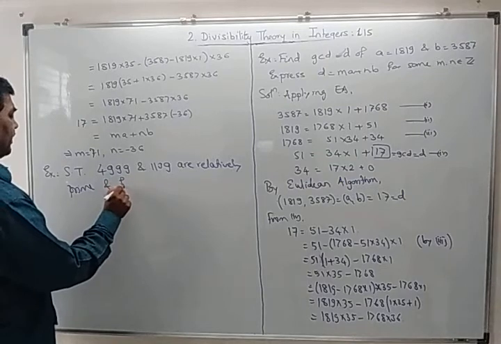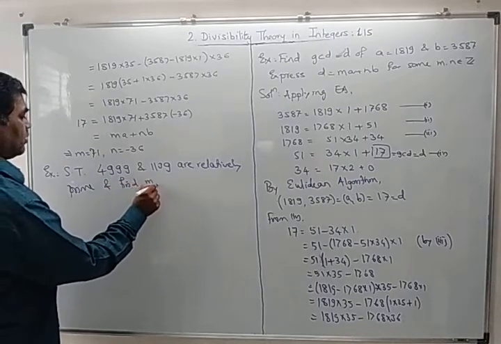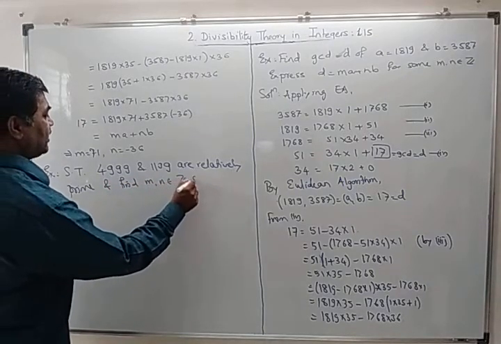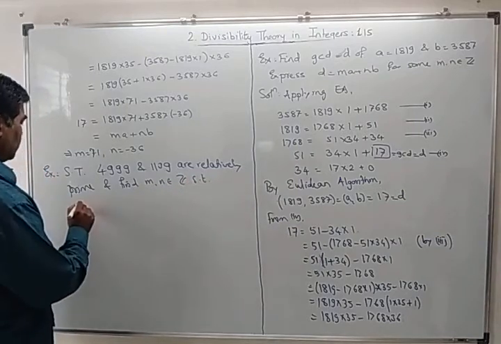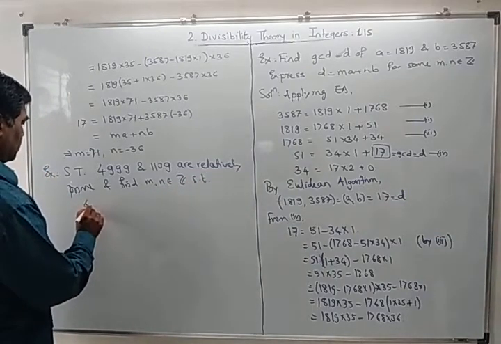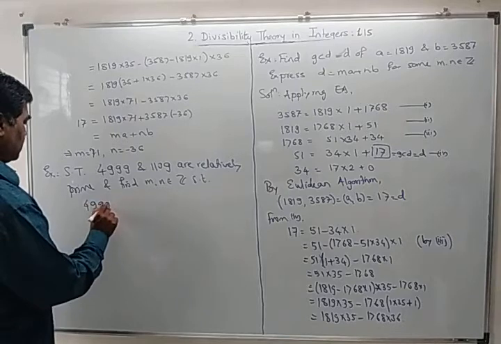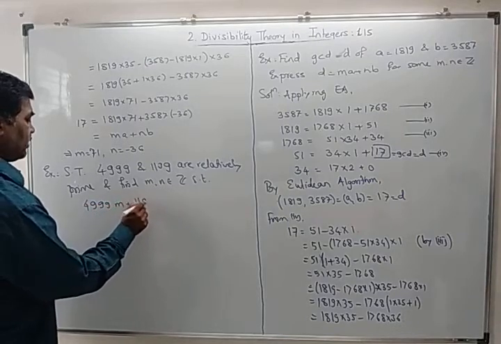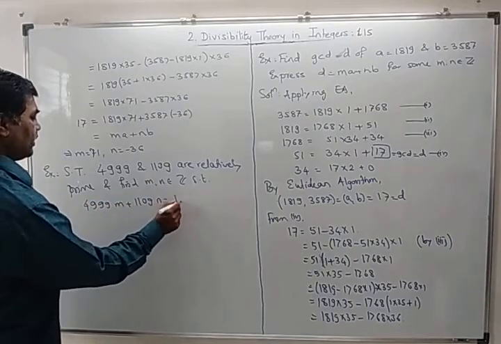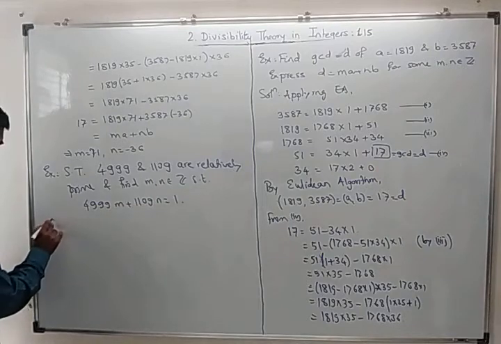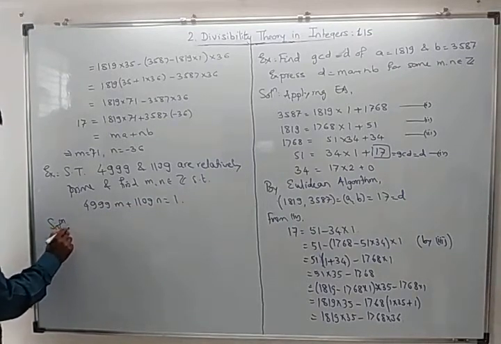And find M, N belonging to Z such that 1 equals 4999 M plus 1109 N. On the same line we have to solve this one.